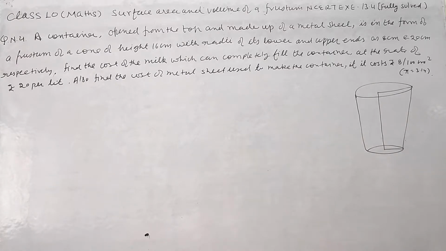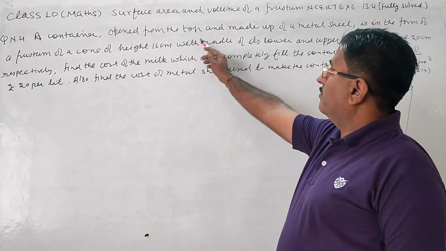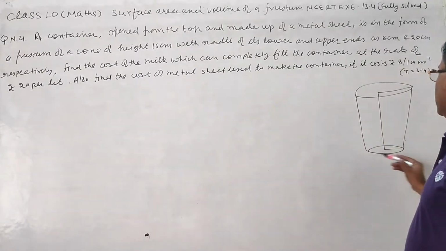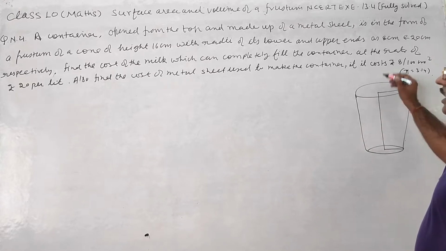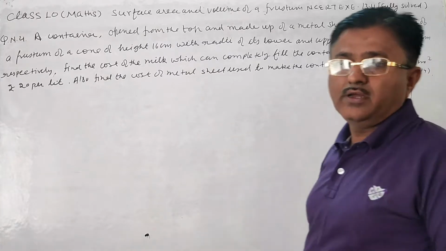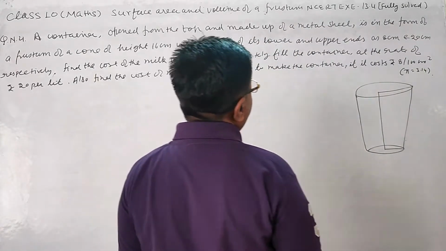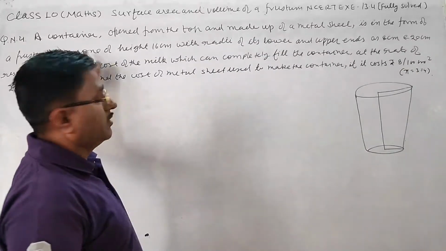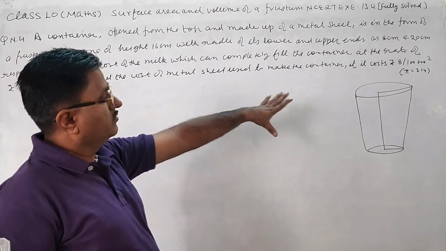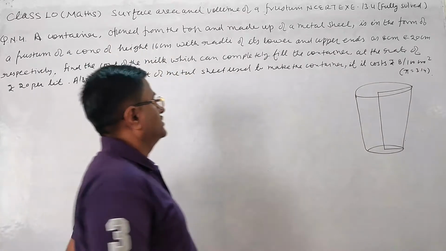Next, dear student, a very important problem we are discussing. The problem states that a container opened from the top. We are given a container which is open from this side and made up of a metal sheet. This is in the shape of a frustum of a cone of height 16 cm.